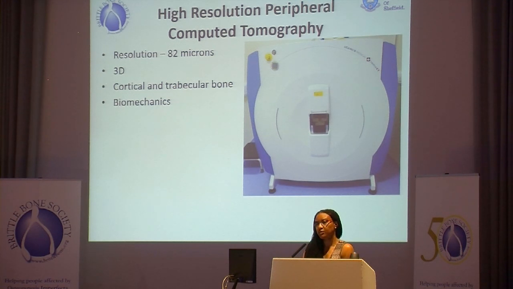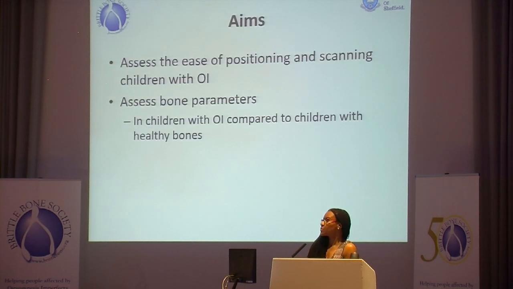Of course, nothing is ever perfect, and the thing is, it can only take the end 8 millimeters of your wrist bones or of your ankles, and that end 8 millimeters is what we use to infer what the entire skeleton is like. So it hasn't actually been used very much in children, and certainly not in children with severe OI.